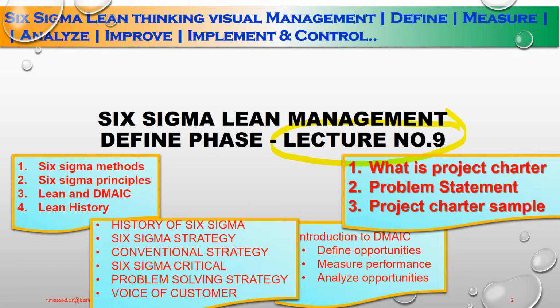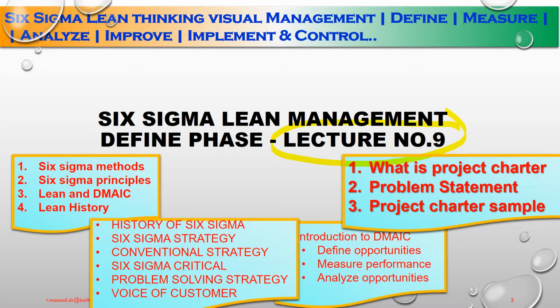What is the difference between Lean and DMAIC? Then we have also discussed history of Six Sigma strategy, conventional strategy and Six Sigma strategy. What is the difference between conventional and Six Sigma strategy? Six Sigma criticals, problem solving strategy, voice of customer.